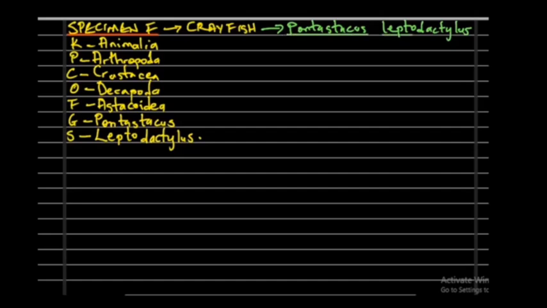That's the scientific name of this particular organism, and that is how it is written. Oftentimes we find this organism in fresh water. Crayfish is mostly found in fresh water, with the exception of a few that are found in brackish or marine water.